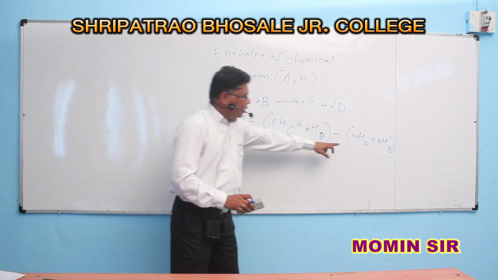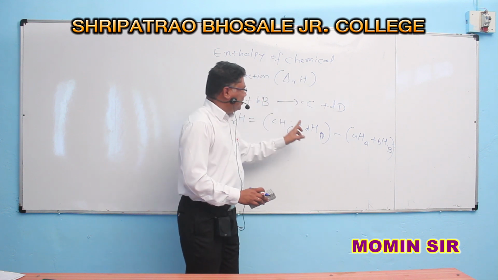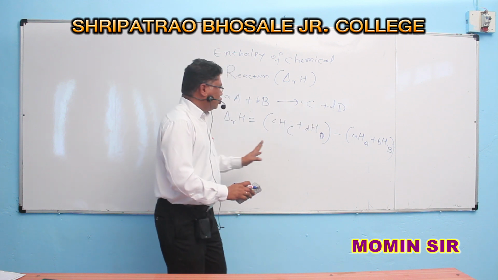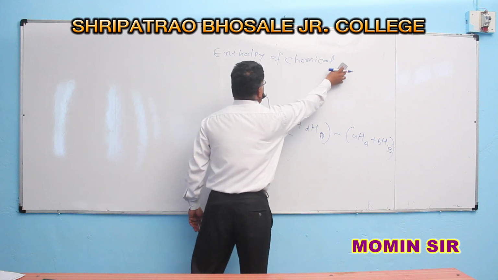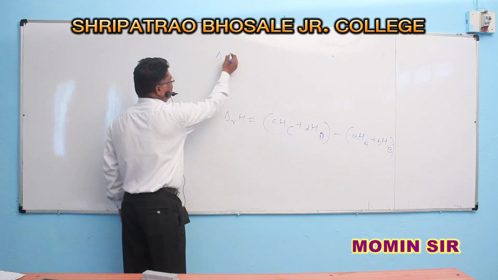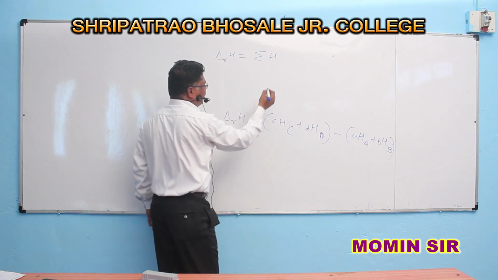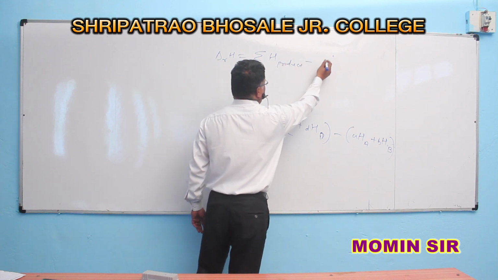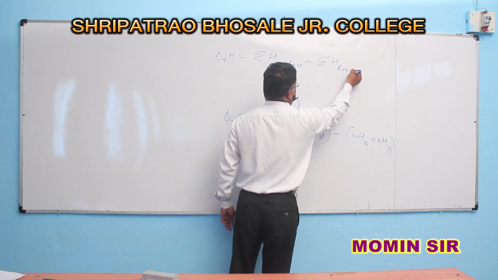Capital A, B, C and D are the enthalpies of reactants and products respectively. So we can write the enthalpy of reaction, delta H reaction, is equal to the summation of enthalpies of products minus the summation of enthalpies of reactants.